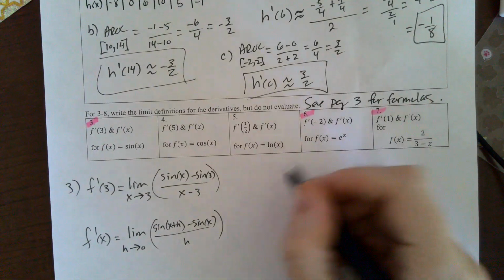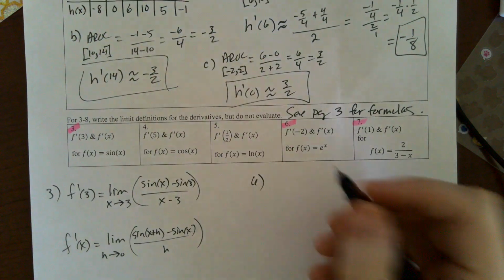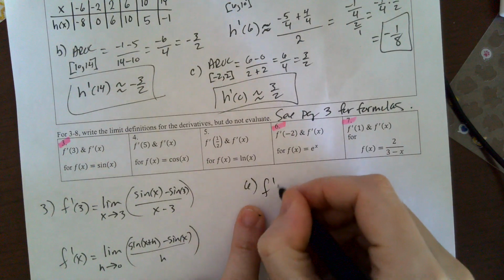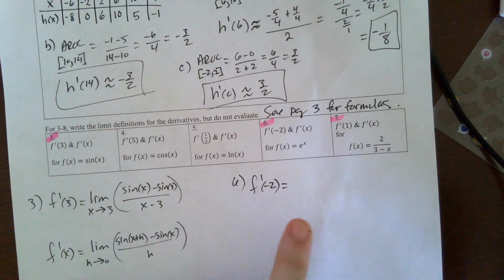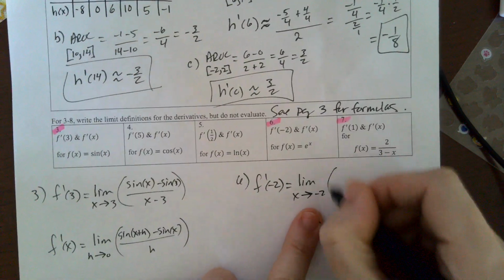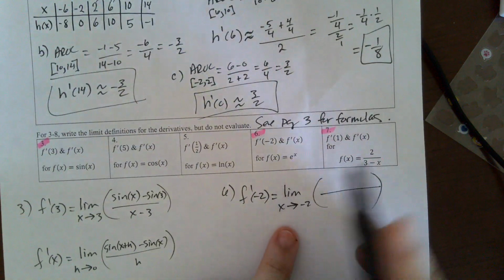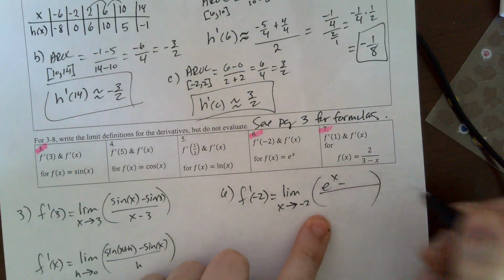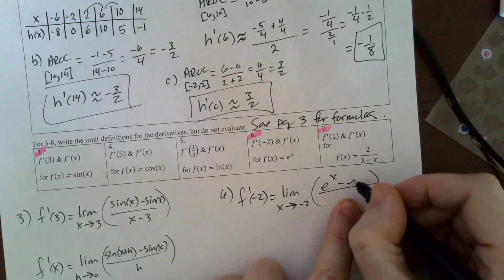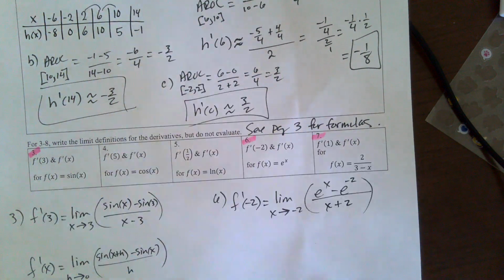Now number 6. So for f prime of negative 2 equals the limit as x approaches negative 2, and it's going to be f of x, which is e to the x, minus f of negative 2 all over x minus negative 2, which is x plus 2.